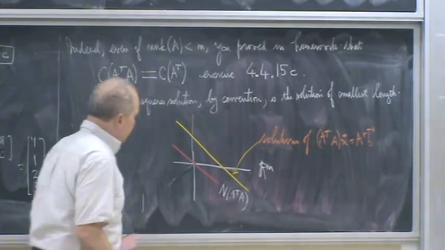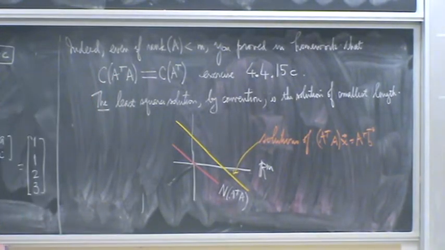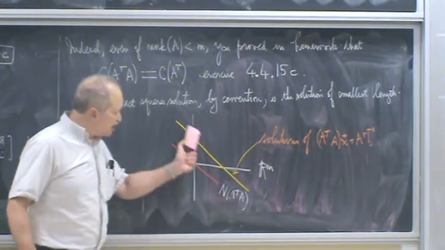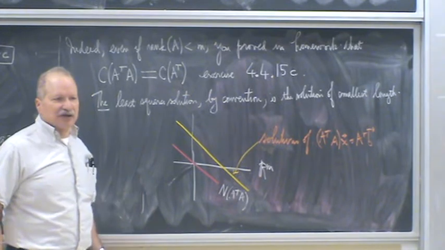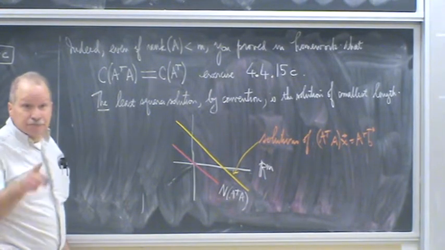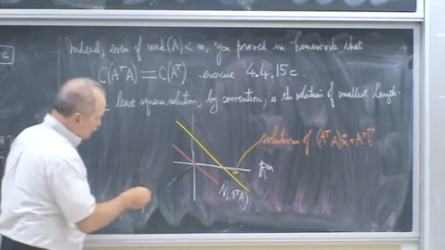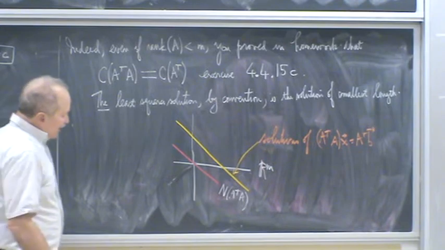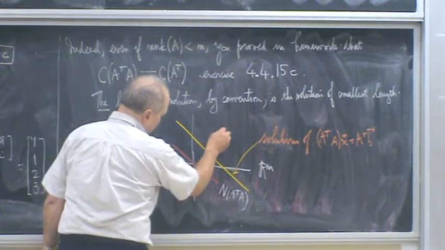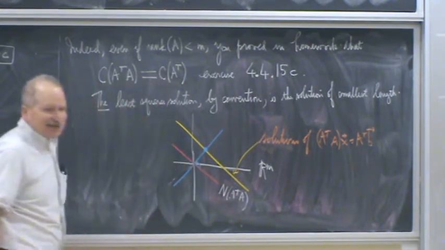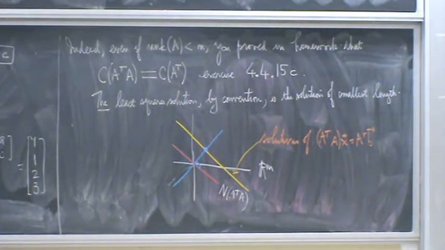How do you find the one that's of shortest length? If you have a translated subspace, how do you find the shortest vector in it? Perpendicular. I take the perp, and where it intersects, it gives me the shortest vector.